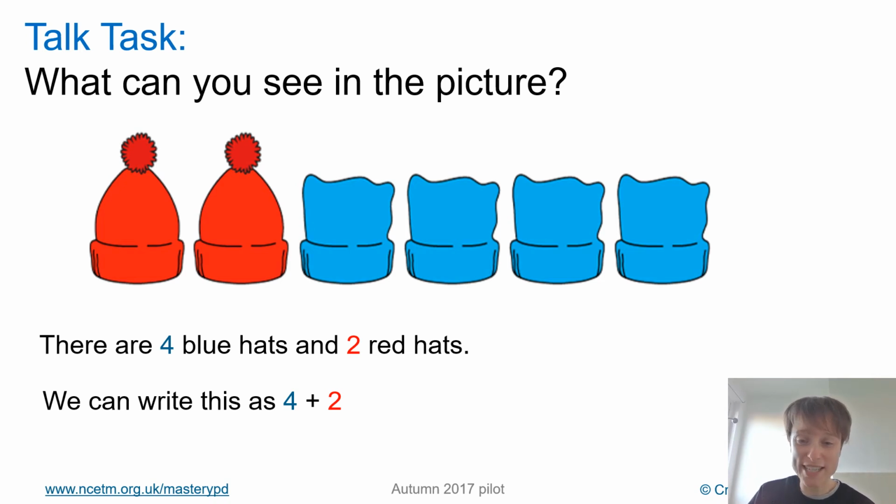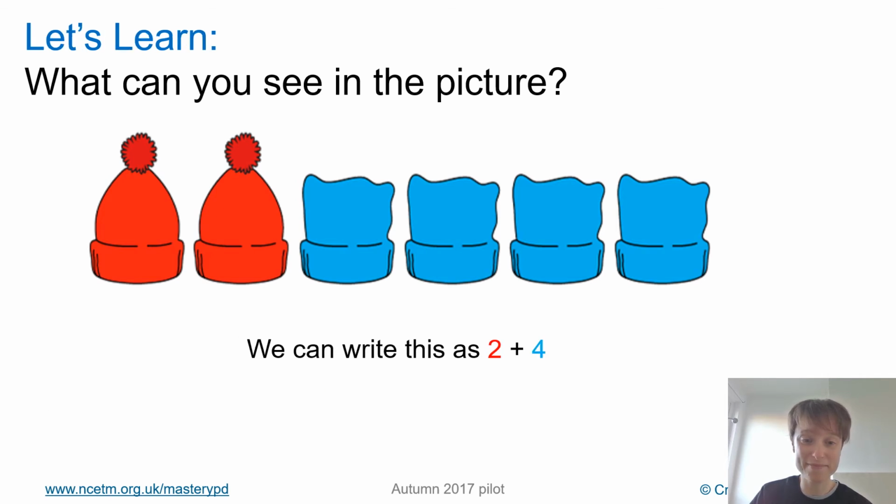So have you noticed that with this expression, it looks a little bit different, doesn't it? So we can write this as 2 plus 4. And we can also say that we can write this as 4 plus 2. So what do you notice about the addends in both of the expressions?